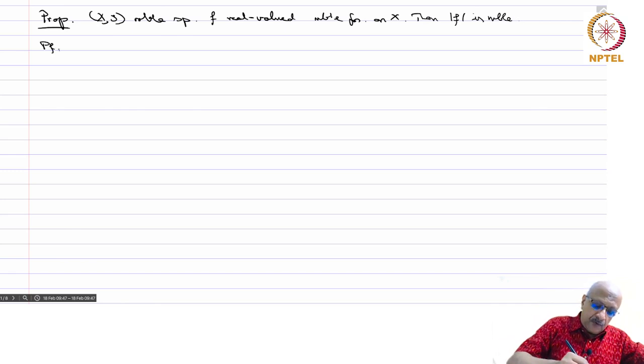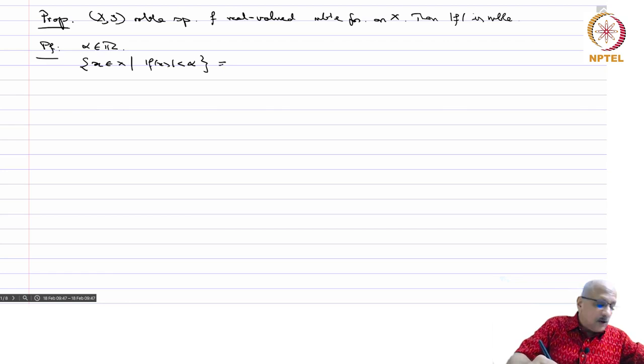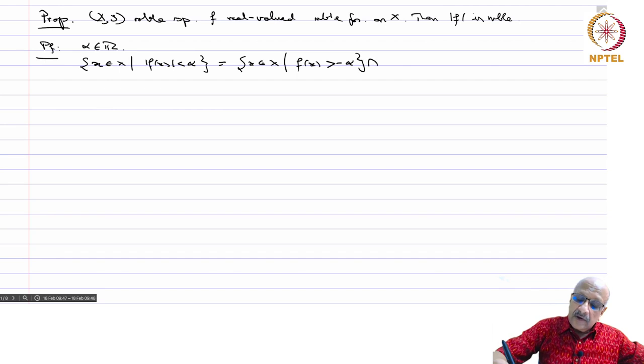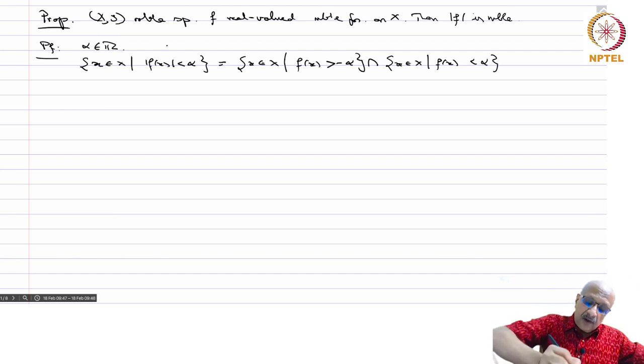So proof. Let alpha belong to R. So we have to look at the set of all x in X such that |f(x)| is less than alpha, and that's equal to the set of all x in X such that f(x) is bigger than minus alpha, intersection the set of all x in X such that f(x) is less than alpha, if alpha is greater than 0.